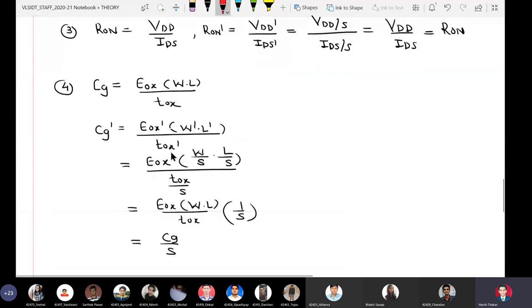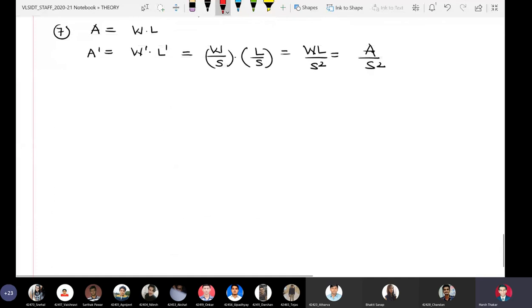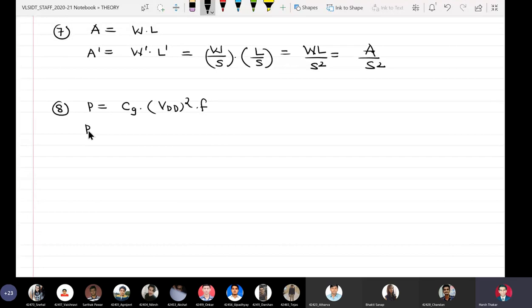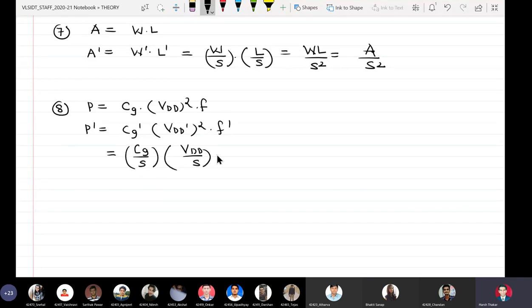power dissipation. So P dash is Cg dash into VDD dash whole square into f dash. We know that Cg dash is Cg by S, VDD already we are scaling down, squared, and we have got an enhancement in the frequency, S into f.